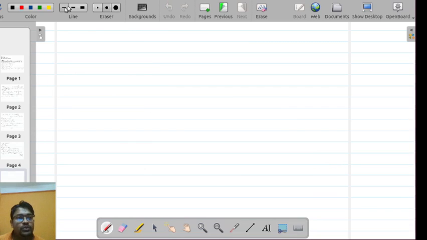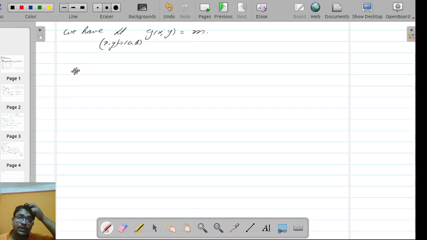So we have the limit as xy tends to ab of g of xy. This is already given to be equal to m. Let us try to find an upper bound for this g of xy inside some neighborhood of ab.